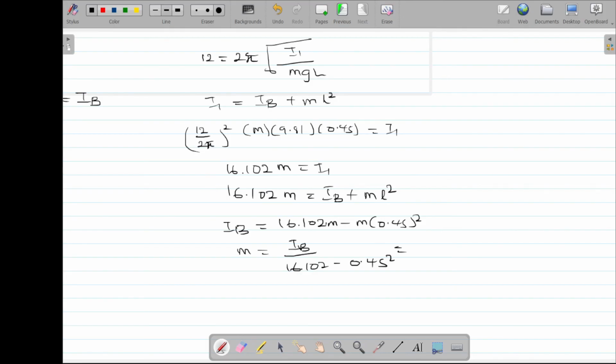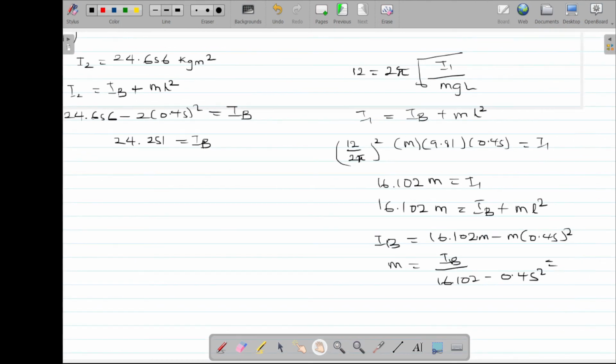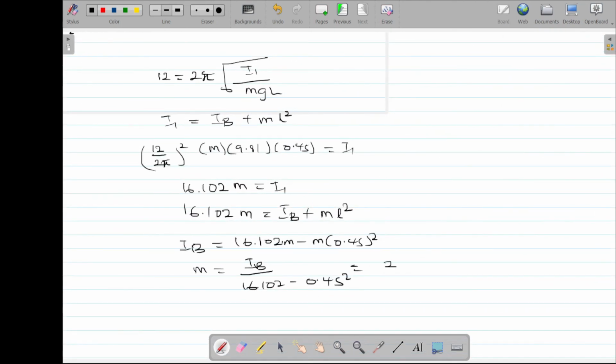IB we had 24.251, so 24.251 all over 16.102 minus 0.45 squared, giving us 1.53 kilogram.